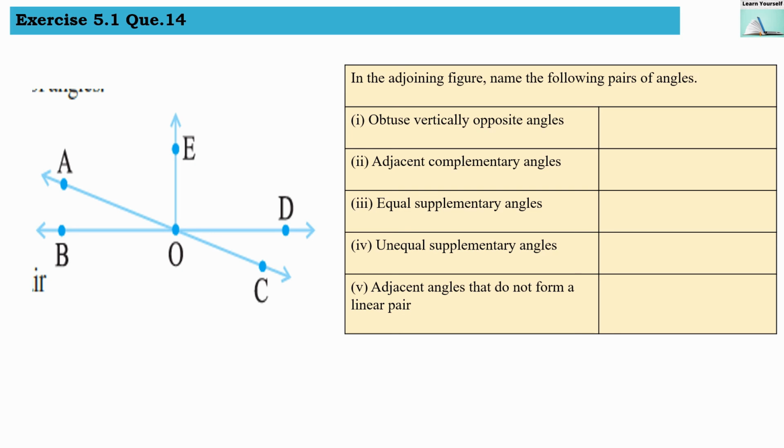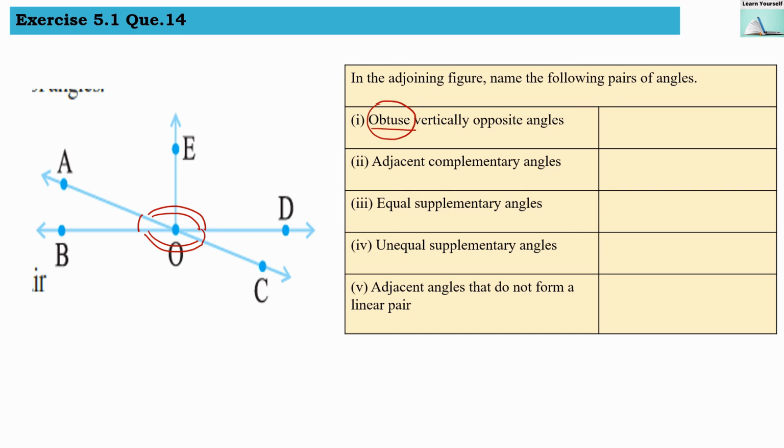Exercise 5.1, question number 14. In the adjoining figure, name the following pairs of angles. First, obtuse vertically opposite angles. So we have to find out vertically opposite angles. In this figure, these angles are vertically opposite to each other. Now they have asked us for the obtuse angle.